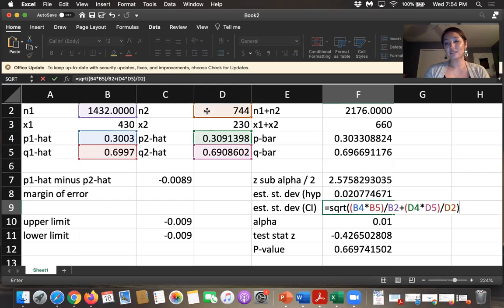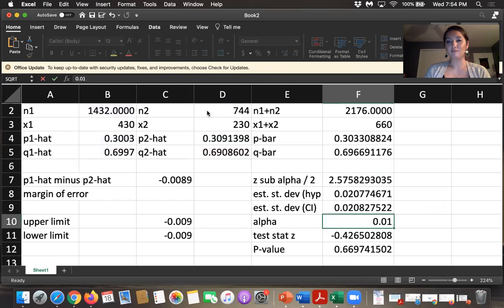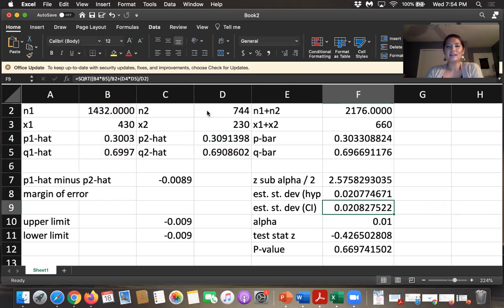And again, we're using different values here because we have no reason to assume that P1 and P2 are equal when we are computing a confidence interval. So notice that the standard deviation for the hypothesis test is a little bit less than the standard deviation for the confidence interval. Okay, now we have enough to compute our margin of error.